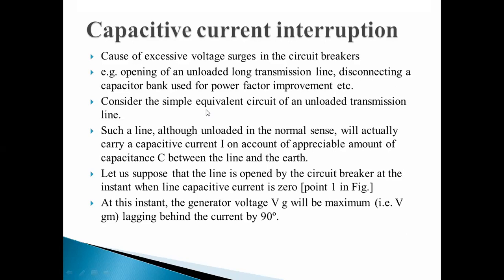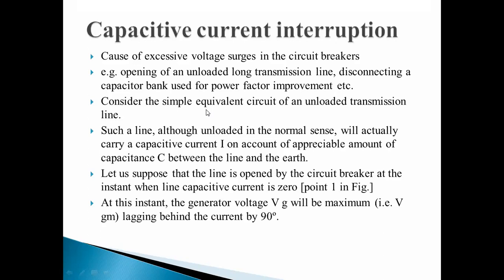Now let us suppose that the line is opened by the circuit breaker at the instant when the capacitive current is 0. Now suppose that the capacitive current is 0, and at the same time your circuit breaker contacts are open.